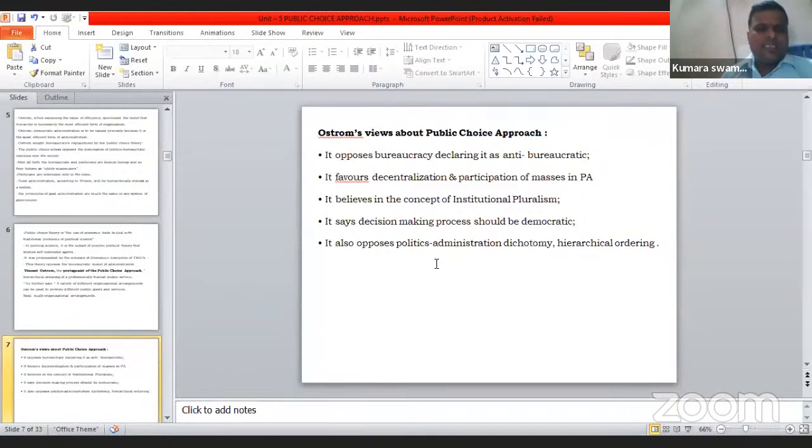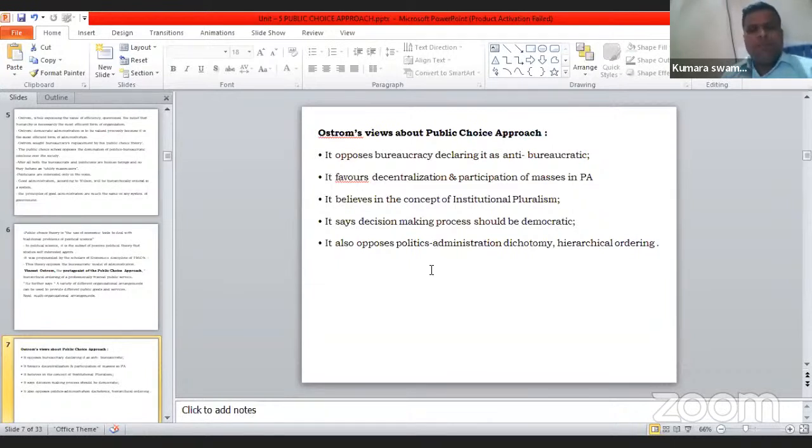He says that the decision-making process should be democratic. We need to remember here, he does not deny democratic administration; he strongly supports it. But within democratic administration, he wants to give the chance to institutional pluralism, meaning other organizations along with the government have to be involved.